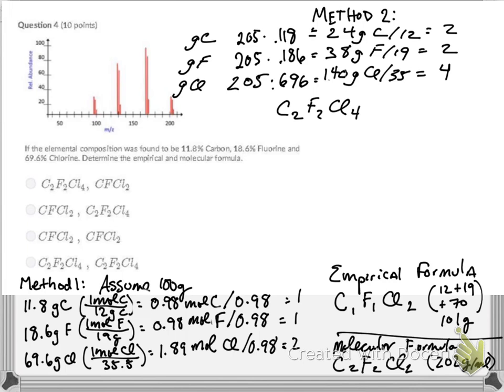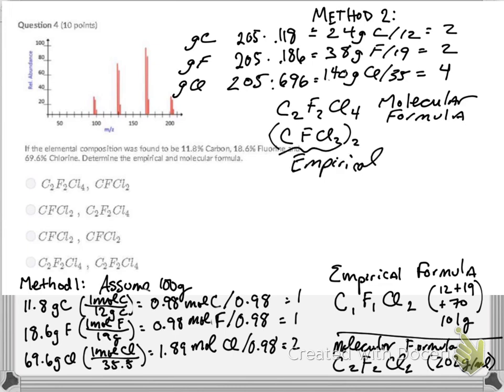Now method 2 gives us the molecular mass first. If we can factor a number out of each of the coefficients, then we would have an empirical formula. We see we can do that. If we factor a 2 out, that would give us the empirical formula CFCl2, and that would be the answer for this problem.